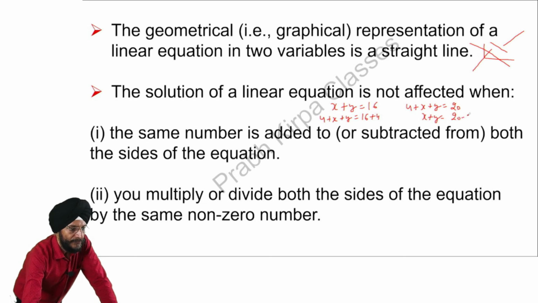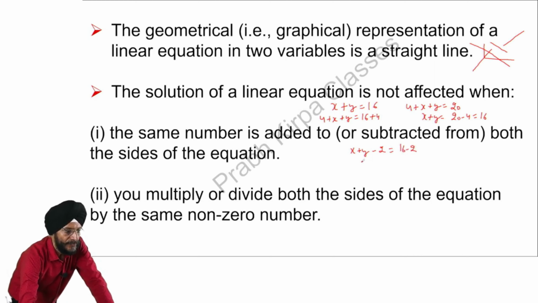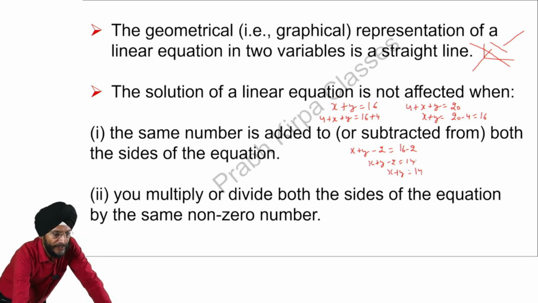In the same way, if we subtract the same number from both sides, say 2 we subtract, then it will become x plus y minus 2 is equal to 14. Here minus 2 will become plus, and it will again become 16.